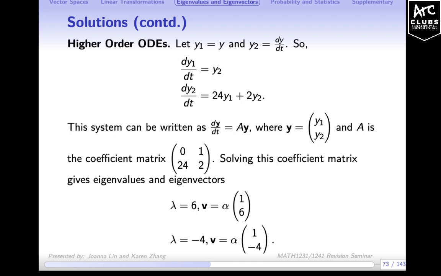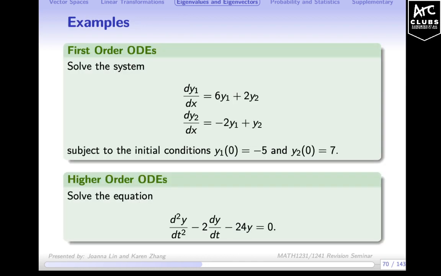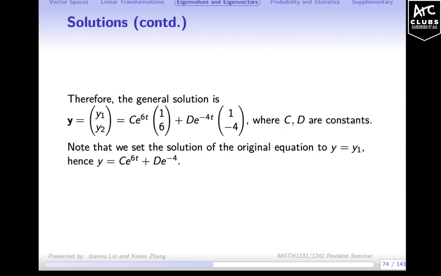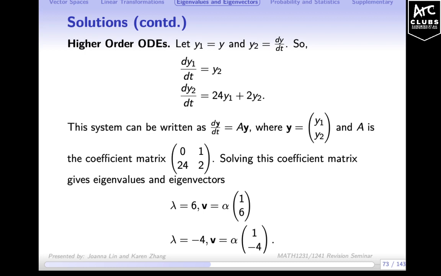But the tricky question is actually the higher order ODEs, where you're told to solve this equation here. This is a second order ODE. What we want to do is convert this equation into a system of first order equations with two or more unknowns, y1 and y2.